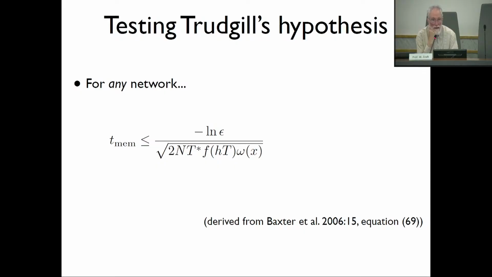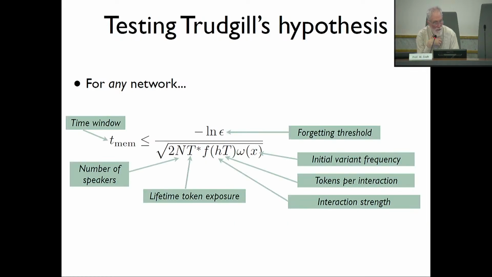So for any network structure, that's the G, any G, you have this equation, and we have a bunch of variables in here. So the time window is how long it's going to take. That's what we're trying to figure out: can you make this change happen in 60 years in our model with all these other factors and without appealing to weighted interactor selection or replicator selection? So the number of speakers matters.